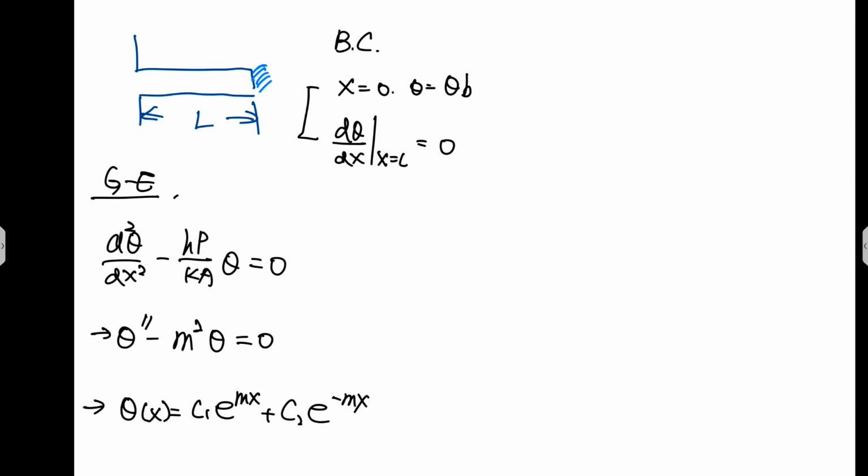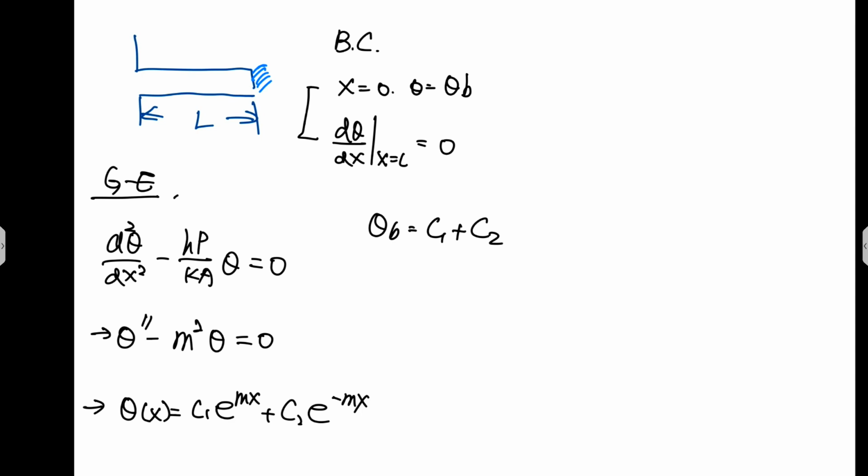Okay. So from the first boundary condition, we got theta b equal to C1 plus C2.